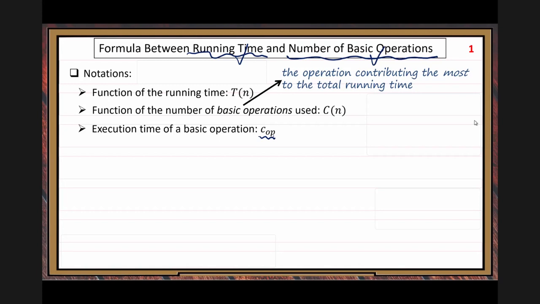How much time you need to run that basic operation. People may argue that because you run the basic operation several times, you may get different numbers. That's highly possible.